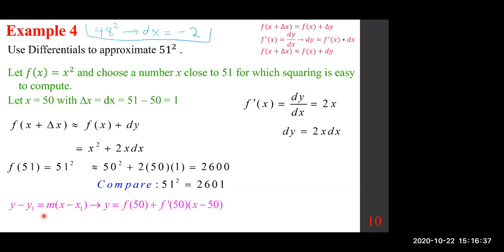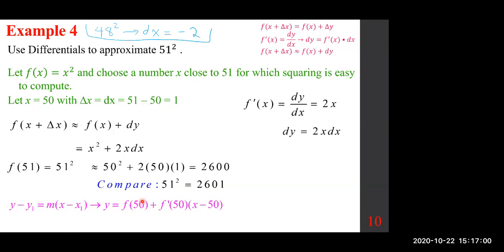And y1, you can move it to the other side. So what is y1? Remember, x is 50, plug it in. That means f of 50 is y sub 1. I hope you see that again. You're looking at f of x equals x squared. Choice of x is 50. So the pair would be 50 comma 50 squared. So y sub 1 is 50 squared, or f of 50.